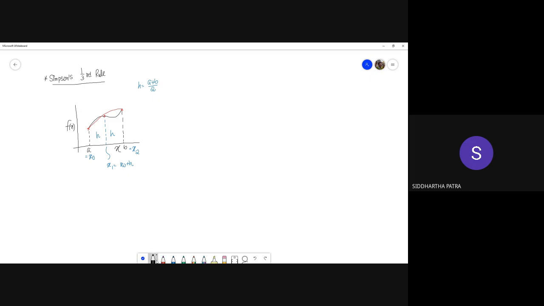So let's start with the minimum number of segments that we require with Simpson's rule, and the answer is 2. Also for Simpson's rule, we need an even number of segments. That was not the criterion with any of the previous methods, but with Simpson's rule, we need at least 2 segments and always an even number of segments.